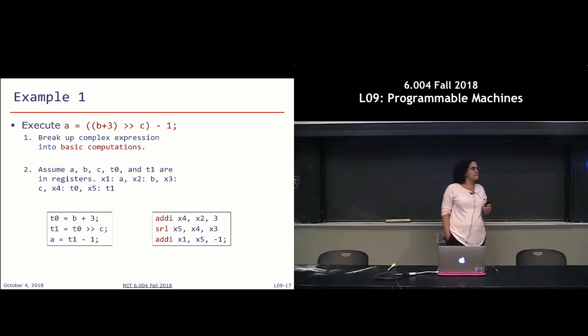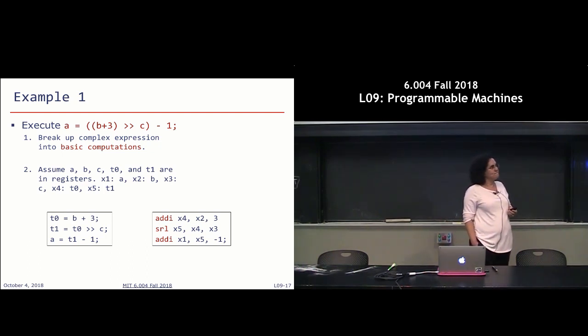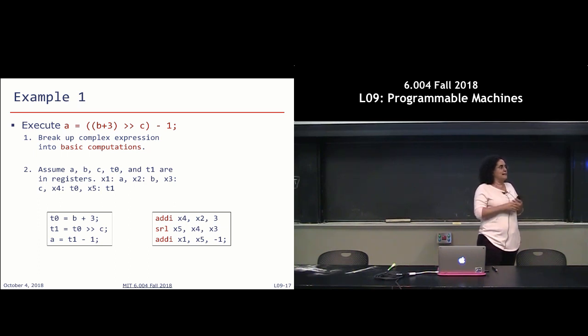Any other questions? Yeah? I think I missed this from earlier, but what's the advantage of using add I over add here? So add I means that you're actually embedding the constant that you're trying to add into the instruction itself. So you don't have to load that constant into a register. Instead, it's directly in your instruction.